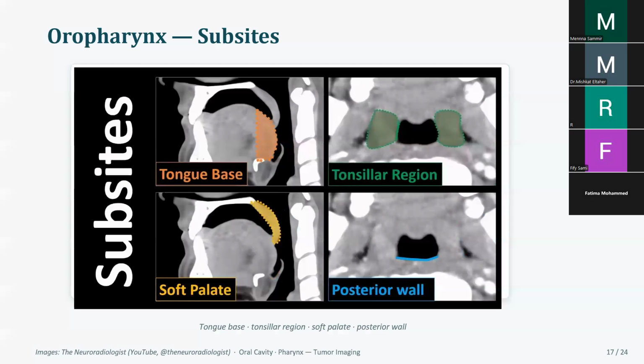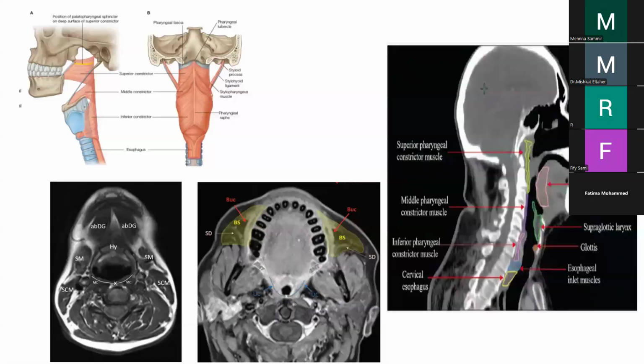So, the oropharynx has four subsites to know: tongue base, tonsillar region, soft palate, and the posterior wall. Deep to the oropharyngeal mucosa, which is continuous with the mucosa of the oral cavity, sit the pharyngeal constrictor muscles. Along the lateral and posterior walls, you will find the superior and middle constrictors.